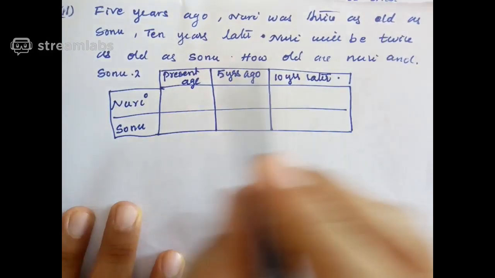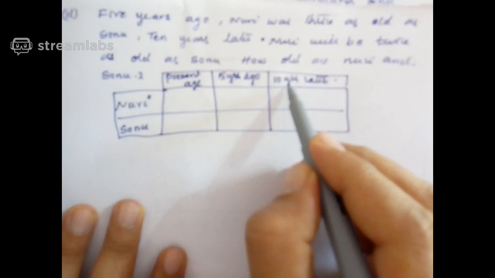Three conditions you have to take: present age, 5 years ago, 10 years later.